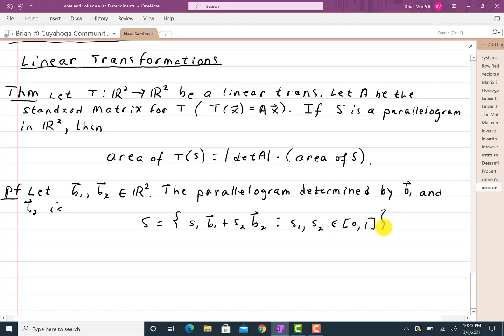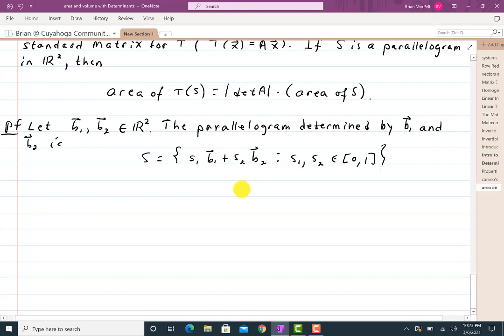All that is telling us is that we're gathering every point along B1 until we get all the way to B1, and then every point along B2 until we get to the end of B2. So 0 starts at the origin. By the time it gets to 1, we have filled out B1 and B2. This is nothing more than a linear combination of those two vectors. So as S1 and S2 go from 0 to 1, we trace out a figure.